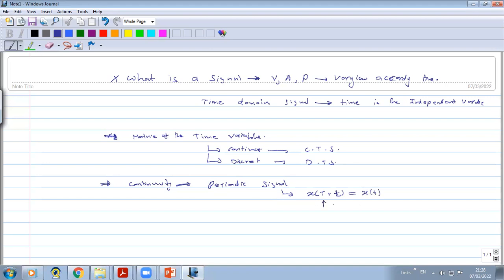So this capital T is the period of the signal. Basically, we have discussed these things in our first tutorial lecture.